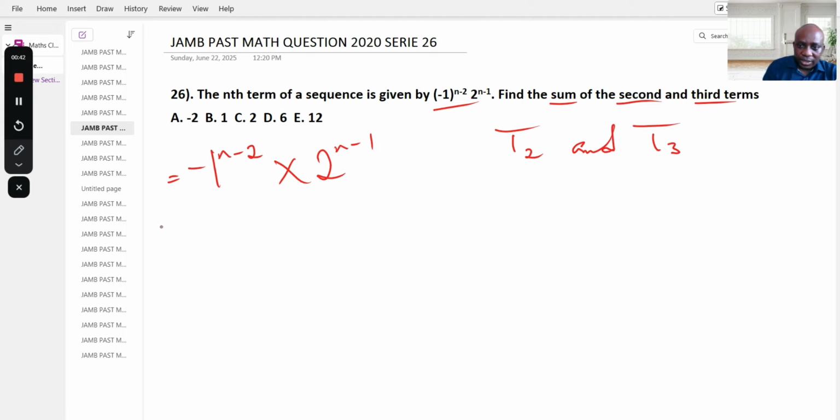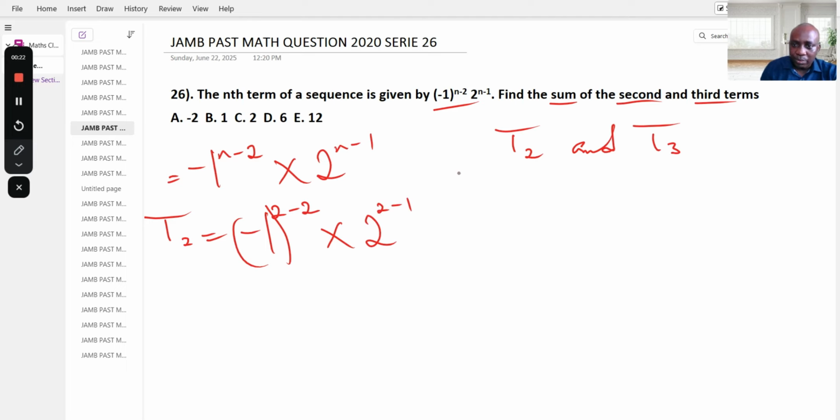Now let's apply the second term first. Minus 1, what is our n? Our n will be 2, because we are trying to solve for the second term. The n will be 2 minus 2, let me bracket this, multiplied by 2 minus 1.